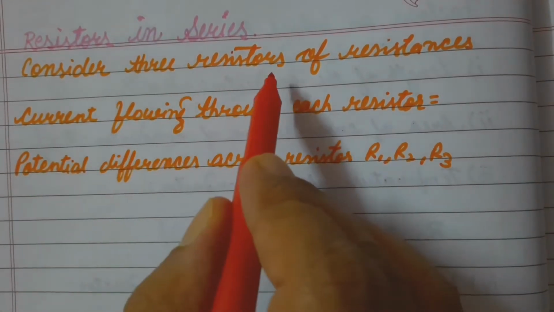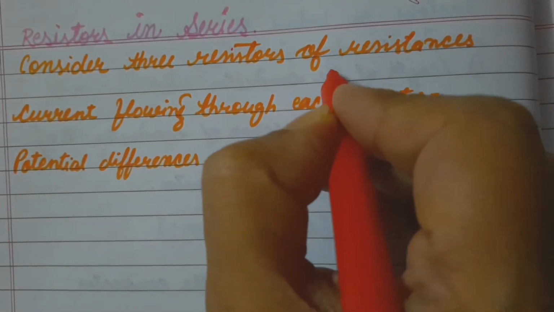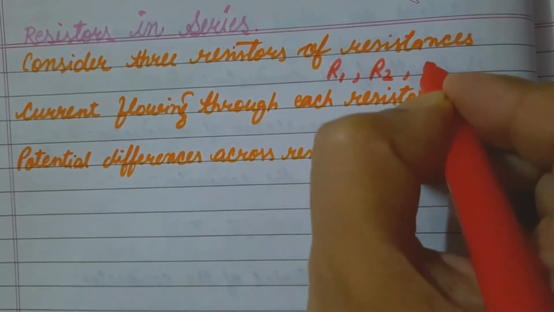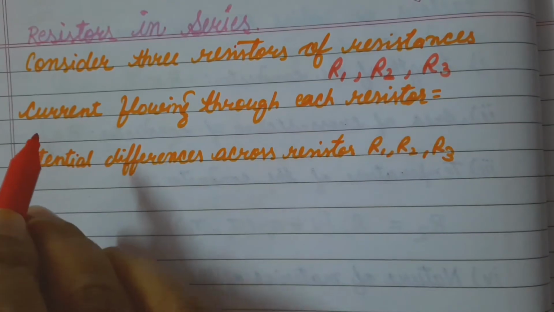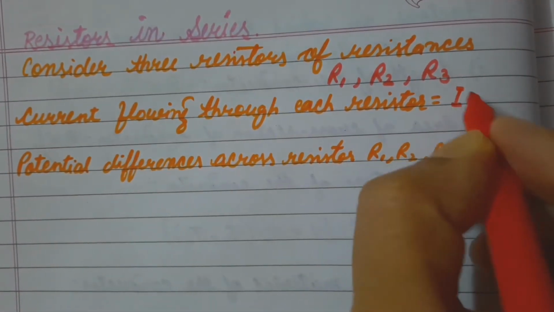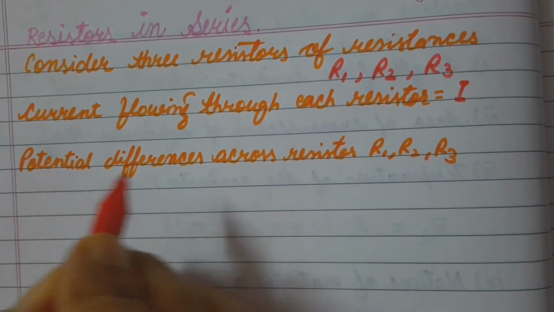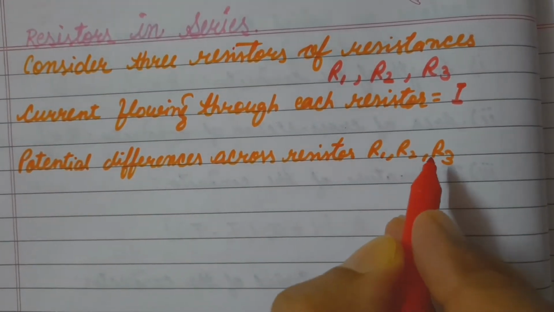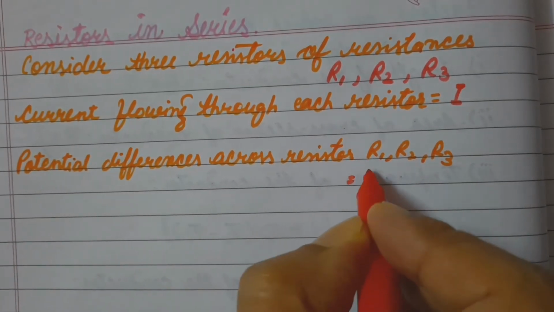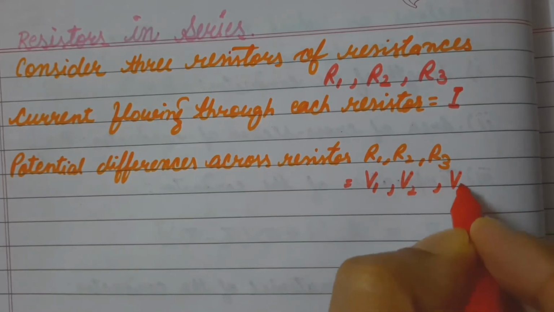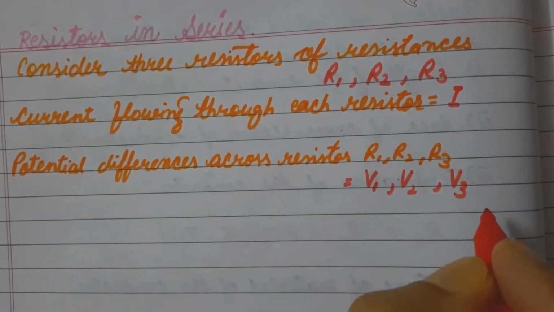Consider three resistors of resistances R1, R2 and R3. Current flowing through each resistor is I. Potential difference across resistors R1, R2 and R3 are V1, V2 and V3 respectively.